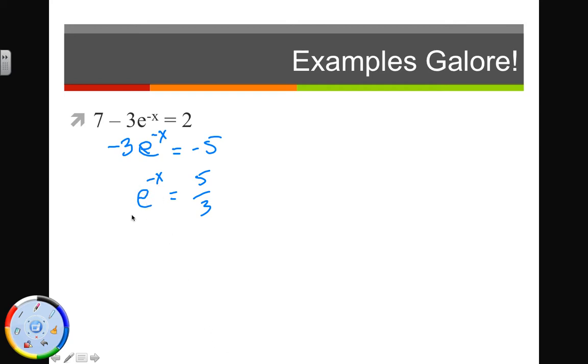Well, this is just an exponential problem base e, so I get to use my logarithm base e to cancel. So I'm going to take the logarithm of both sides.